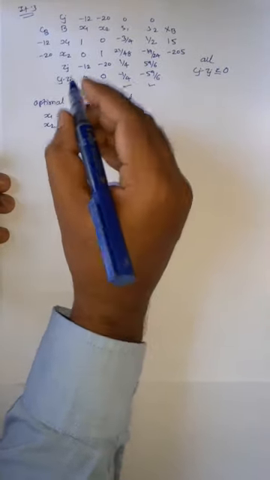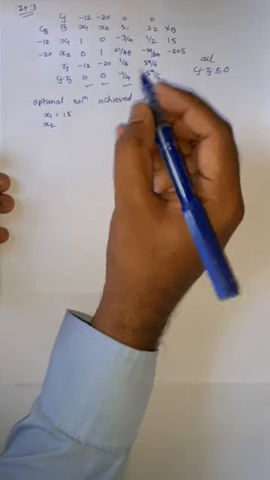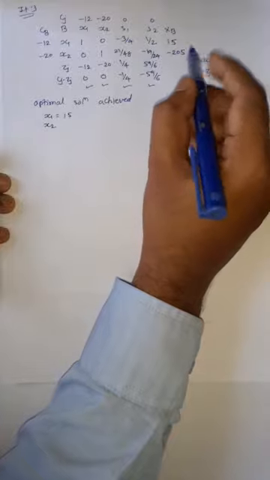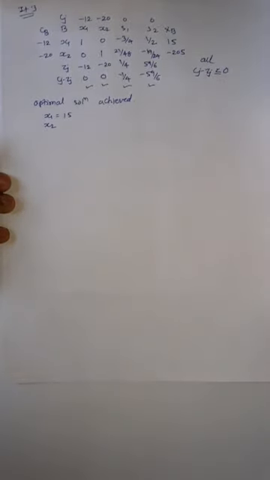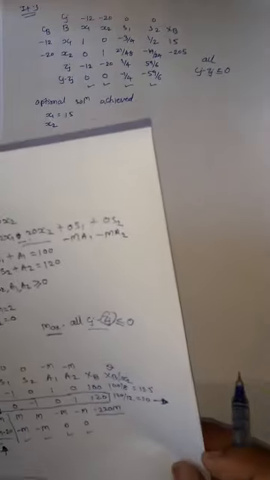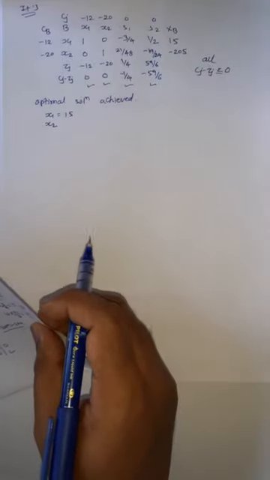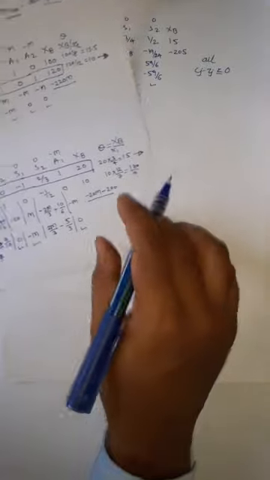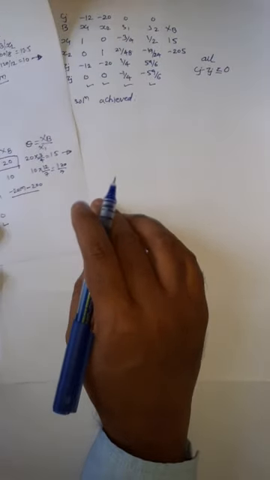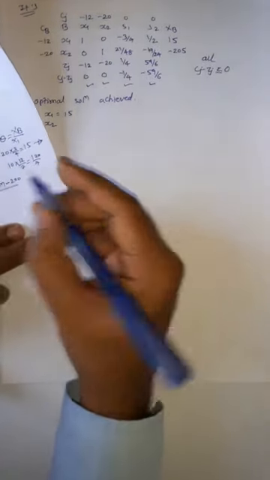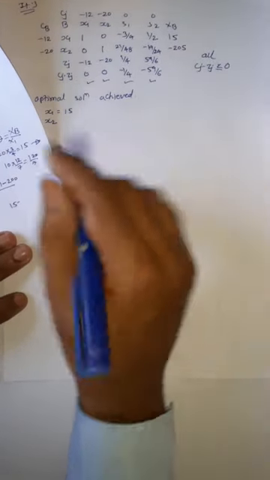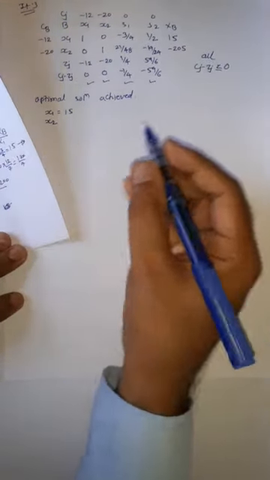sorry, we have made some mistake here. For x2, in the previous case, what we get the value from the previous equation: instead of 15, sorry, not 15 but here 10.